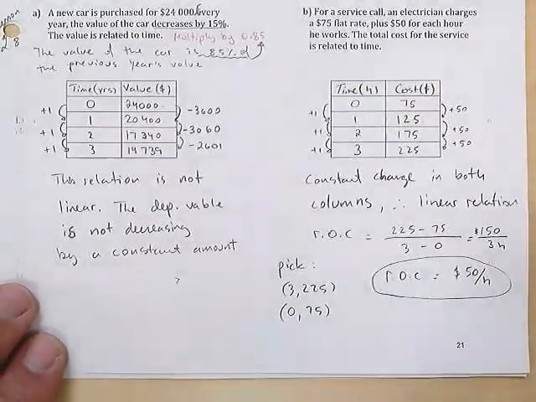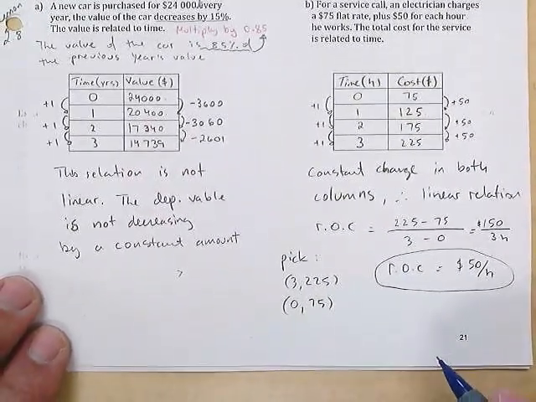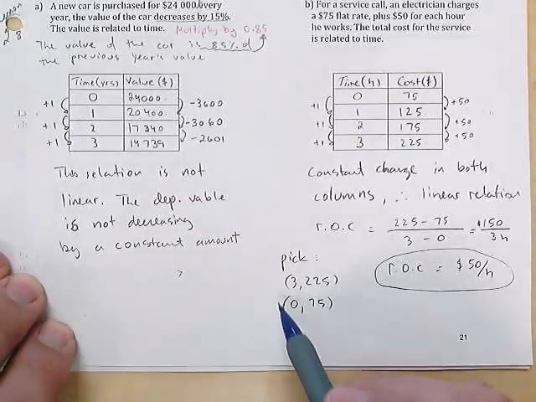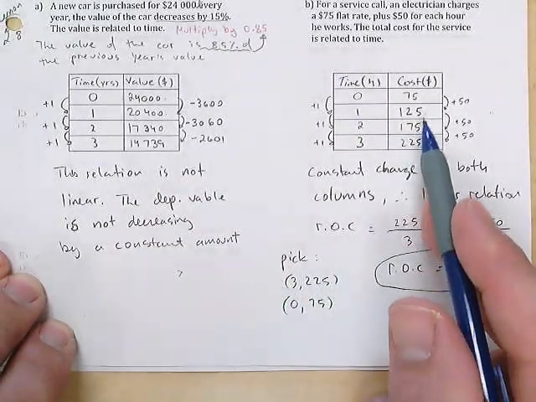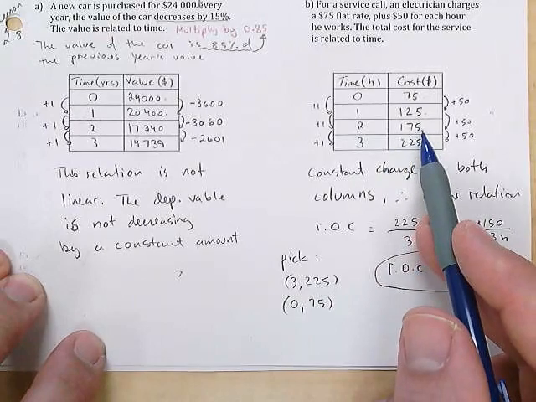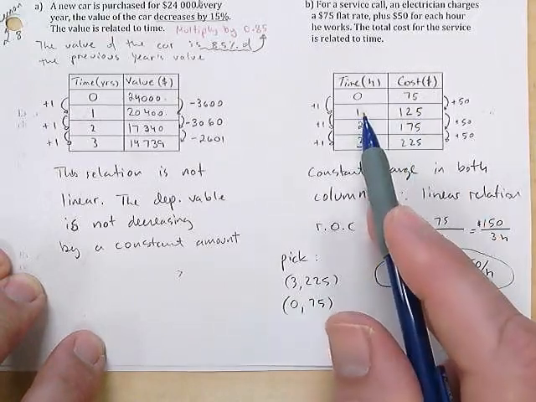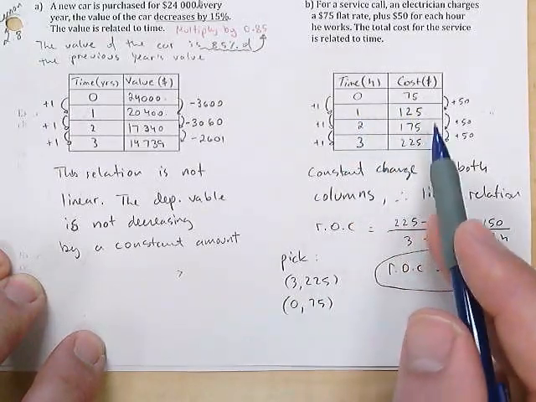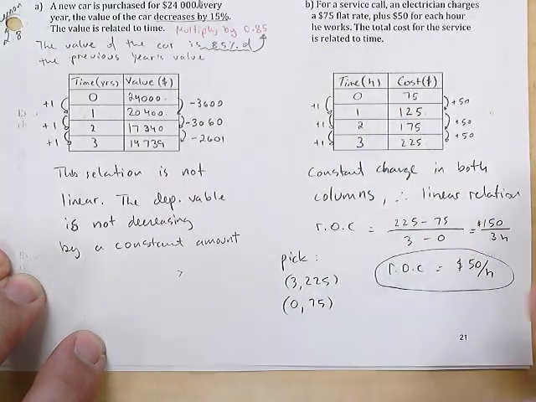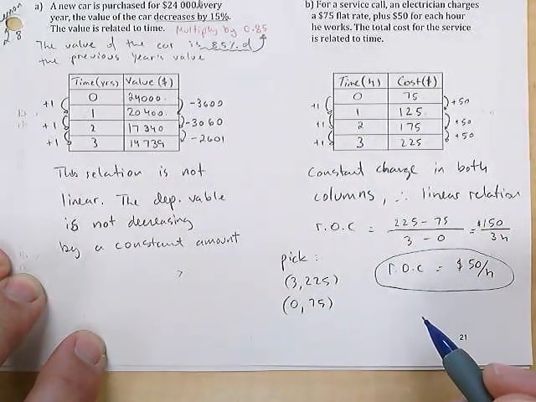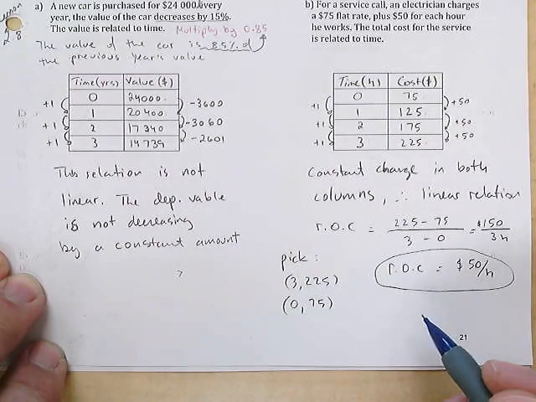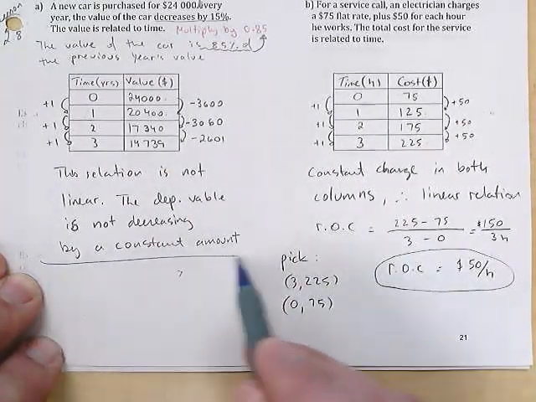And I know some of you, if not all, have done this in grade 9. By the way, try picking any other 2 points. So let's pick this one and that one, right? If we pick these 2 points, would you get the same answer? And the answer is yes. Okay. So let's box this off here.